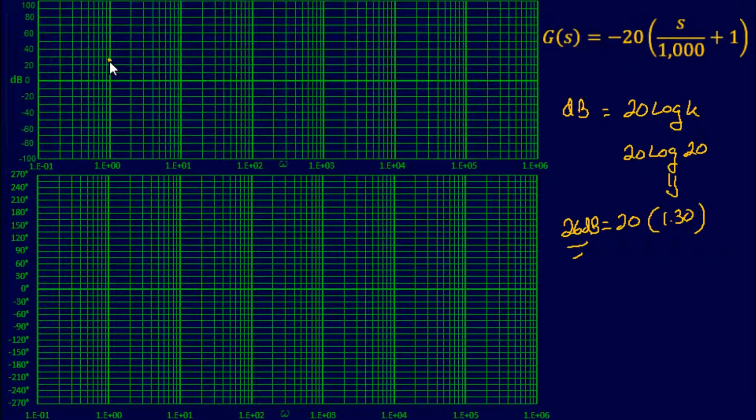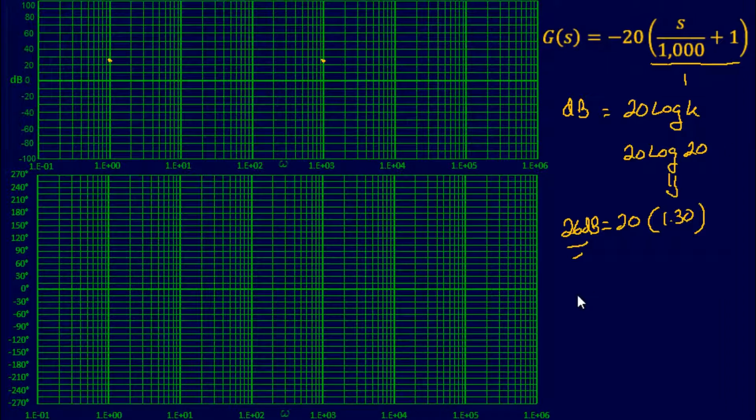It's 26. Right now, notice how we don't have any poles. This is actually all zeros right here. There's no denominator. This is all numerators right here. So it'd be the equivalent of this over 1. Pretty simple. That means we don't have a starting slope, which means this is going to be horizontal until we get to 1K. Well, 1K is right here. Let's see if I can get that 26 right there.